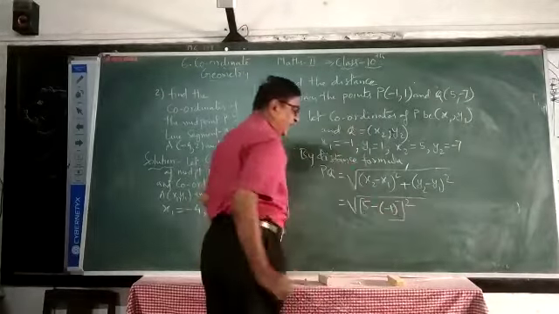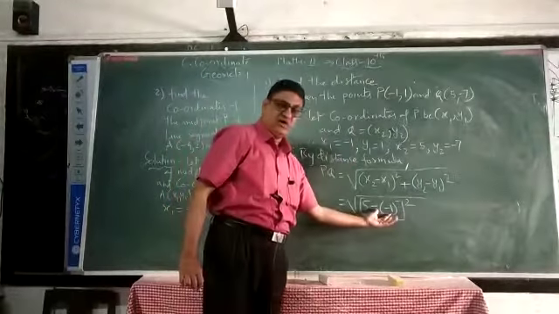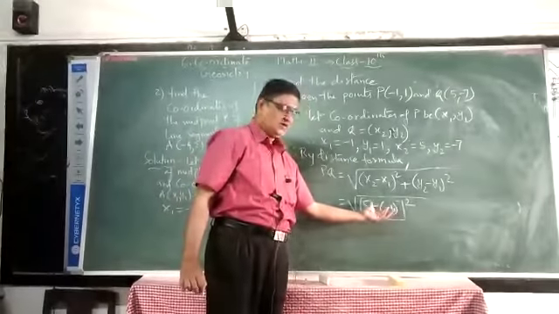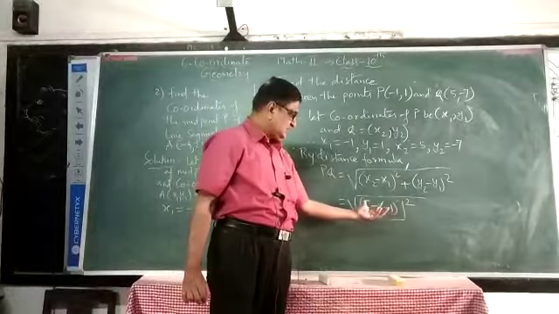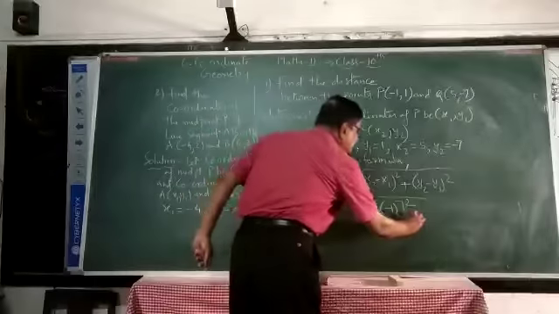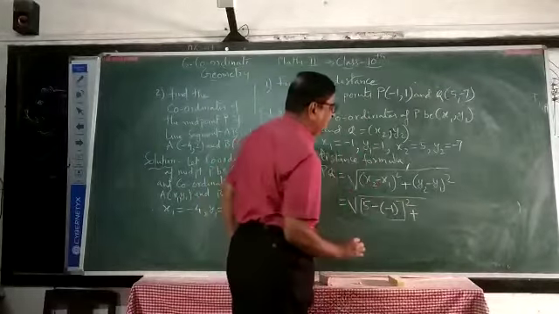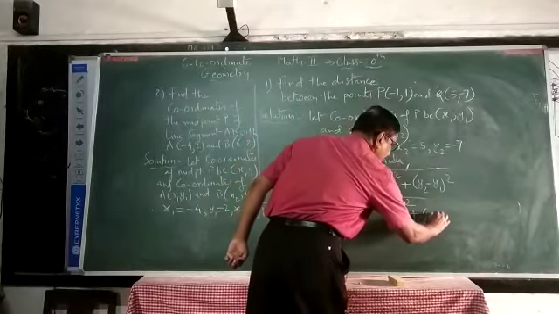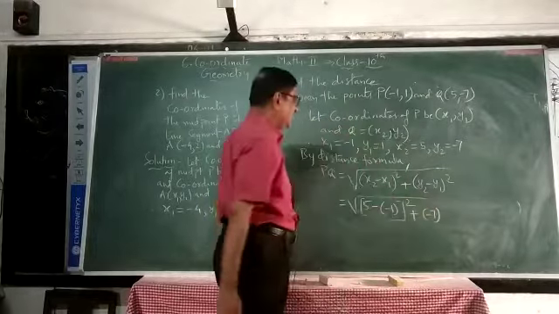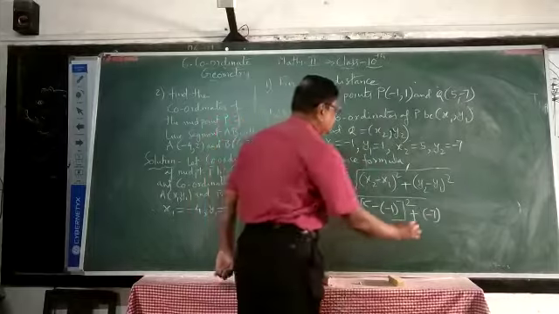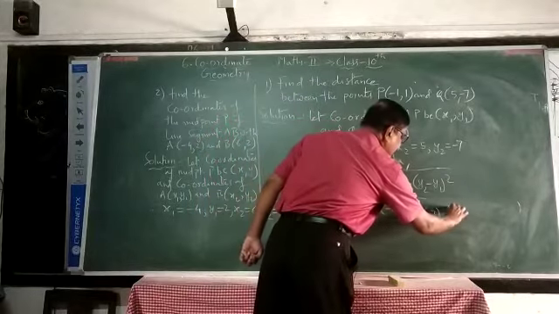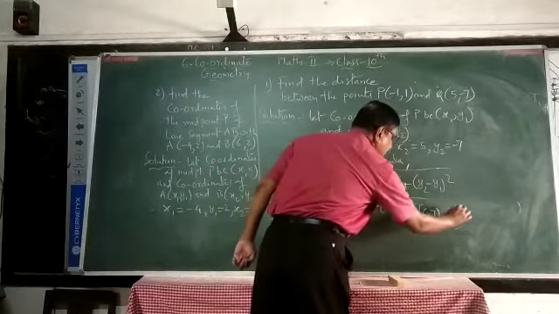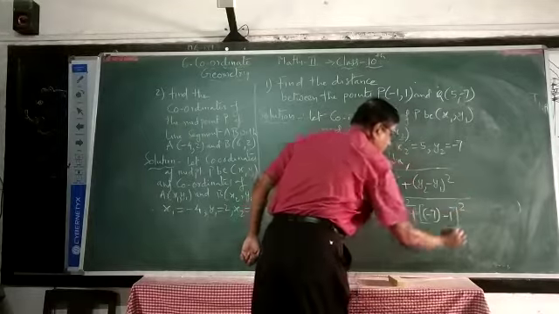Remember, write the minus sign always in brackets so that you will not get confused. And next is y2. Y2 here is -7, so we will write it in brackets, minus y1 is 1 as it is, and whole square. See, whole square is very important.